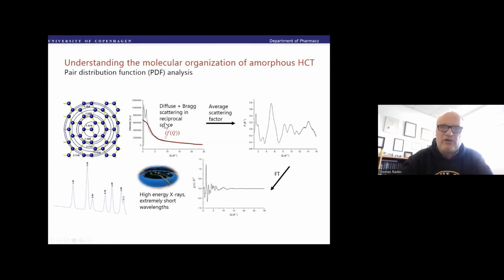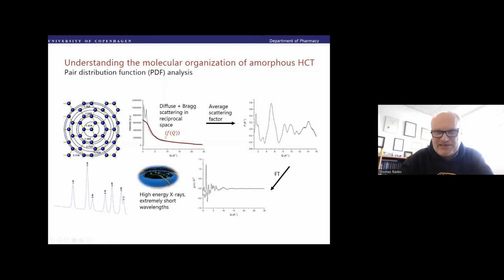So that is not only the Bragg peaks that you normally take from an X-ray diffraction, but we collect the whole diffuse scattering, the whole reciprocal space, so to speak. And then we apply some scattering factor, and then we do a Fourier transform, and then we get curves like this. And this is showing us the probability of interatomic distances.